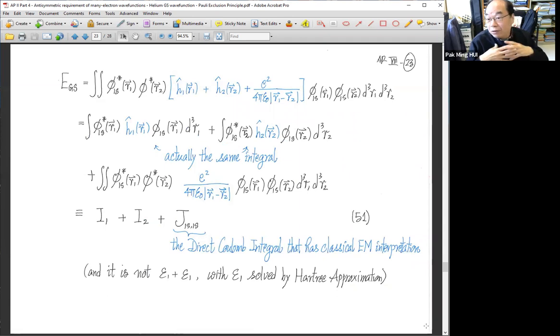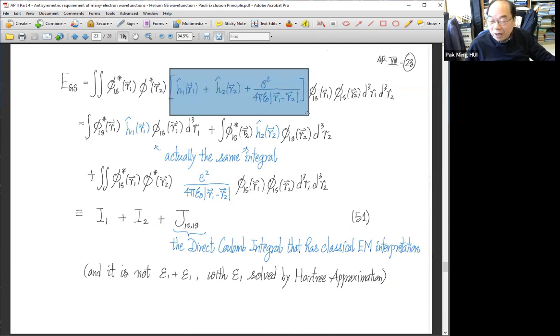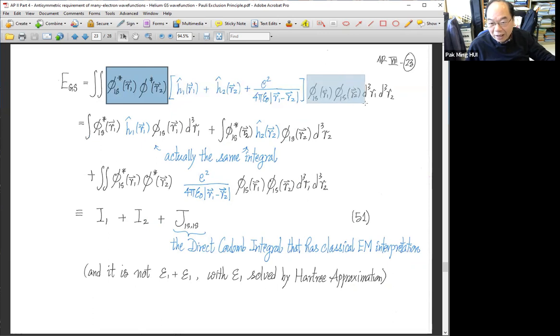And then if we carry on the ground state energy calculation, we need to use the full Hamiltonian of helium and then our spatial part ground state on either side. Okay, so in this context, you immediately see the ground state energy is related to 3 integrals, one with H1.